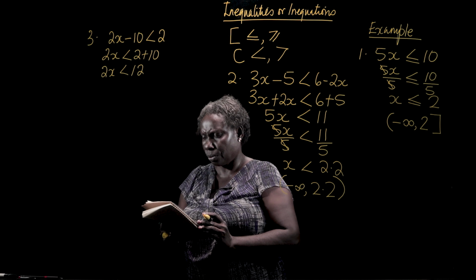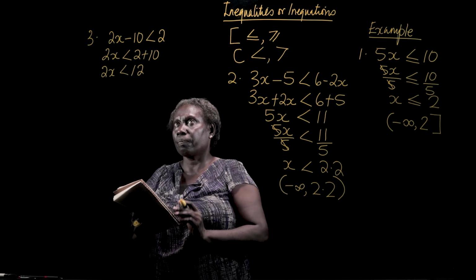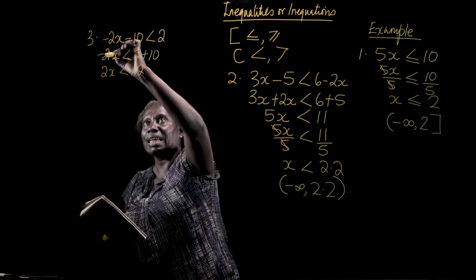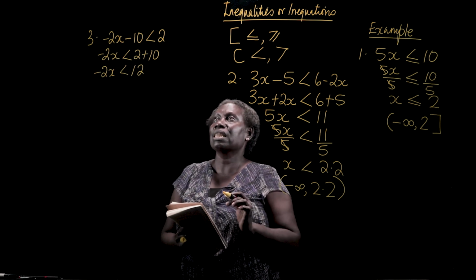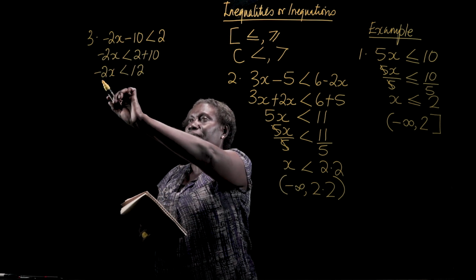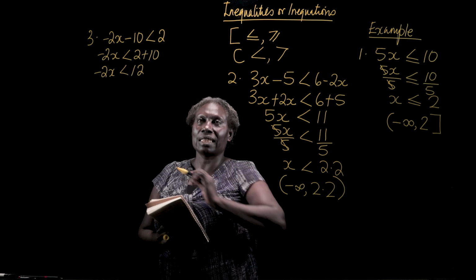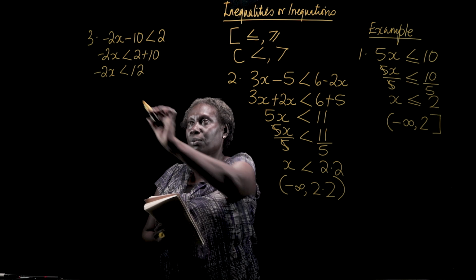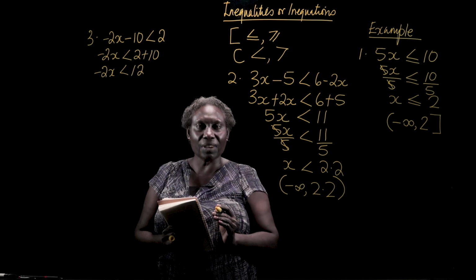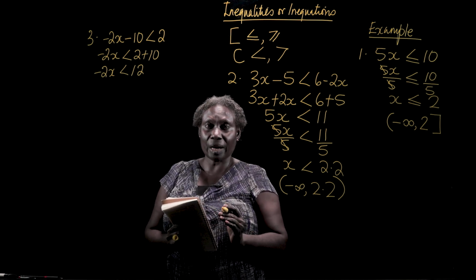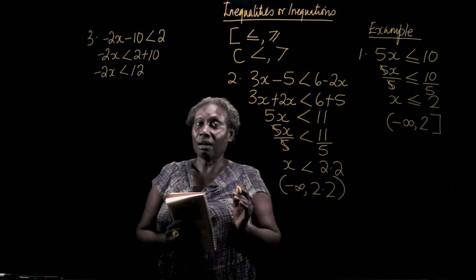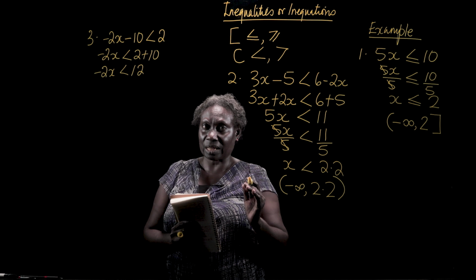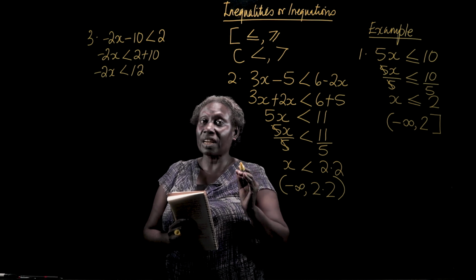What are we going to do? We have to have x on its own. So this time we are going to divide by negative 2. Remember, like what we have said in our last lesson, when we are dividing or multiplying by negative numbers, the symbol reverses.